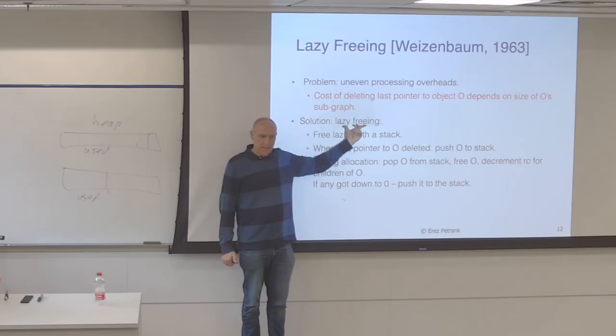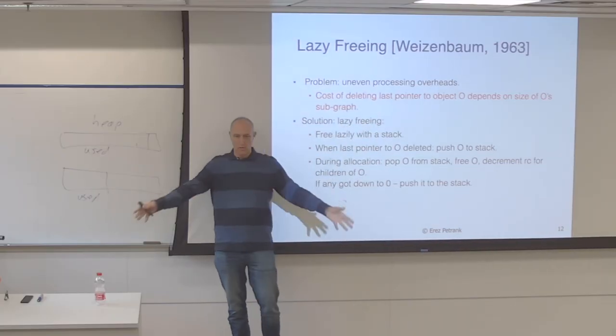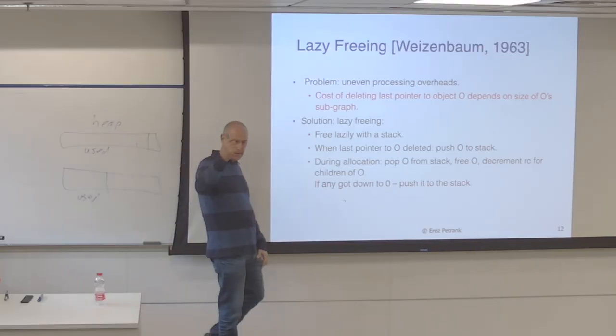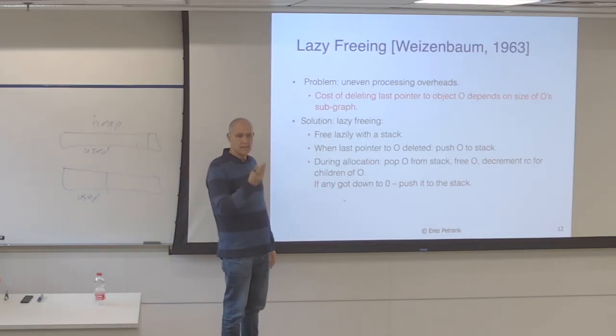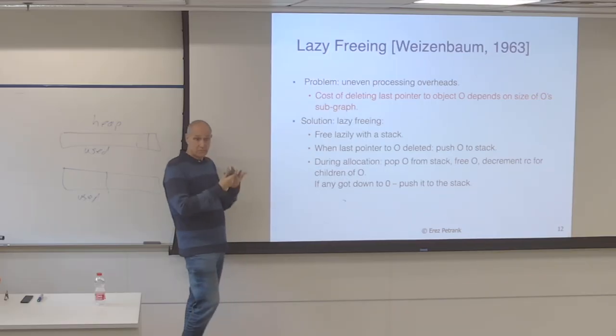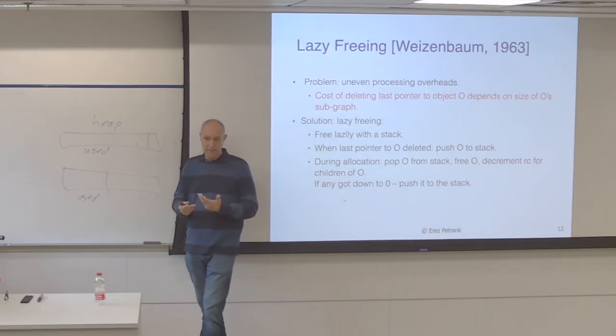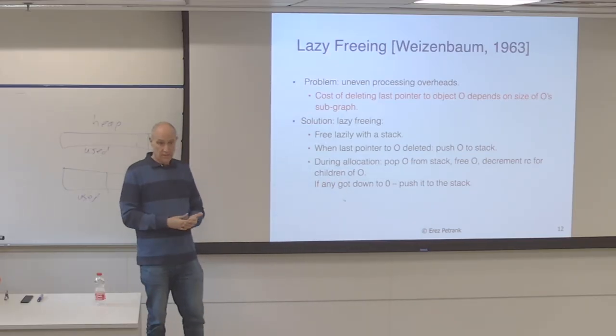We can do stuff lazily, so we don't need to reclaim all this space. What we can do is reclaim maybe the first object, and next time we need to allocate, we'll reclaim the next one, and so forth. Whenever we need to allocate, we'll reclaim something. But we have to maintain correctness and the ability to reclaim all of them.